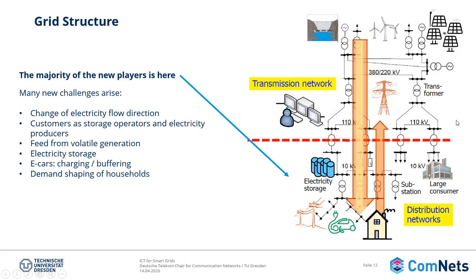This is the division between the transmission network and the distribution network. And we will talk about exactly the differences between the transmission network and the distribution network. But the most important thing to note between the two of them is that the transmission network was built, designed, and is controlled completely by the utility company and or the infrastructure operator.